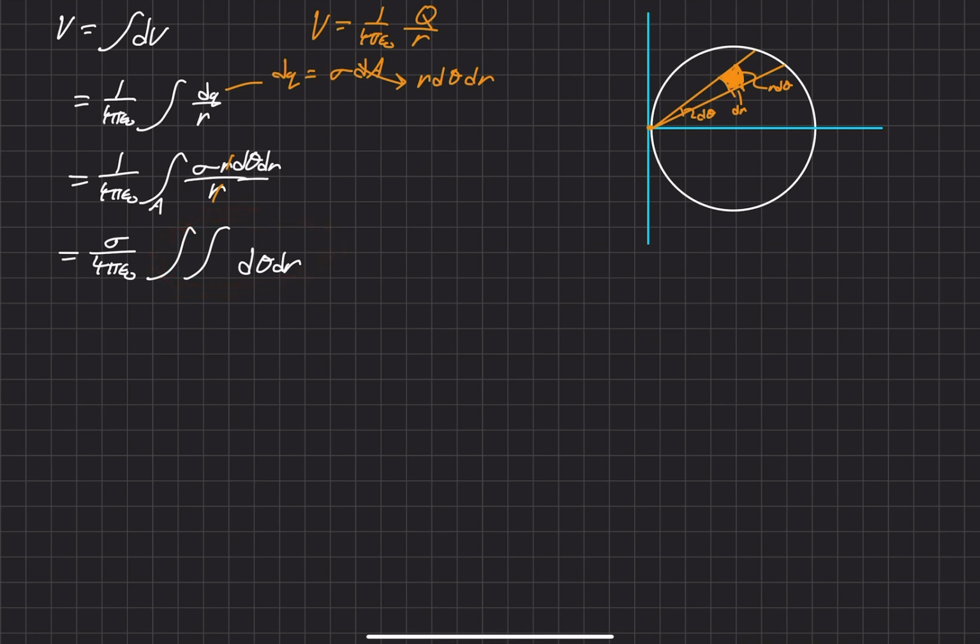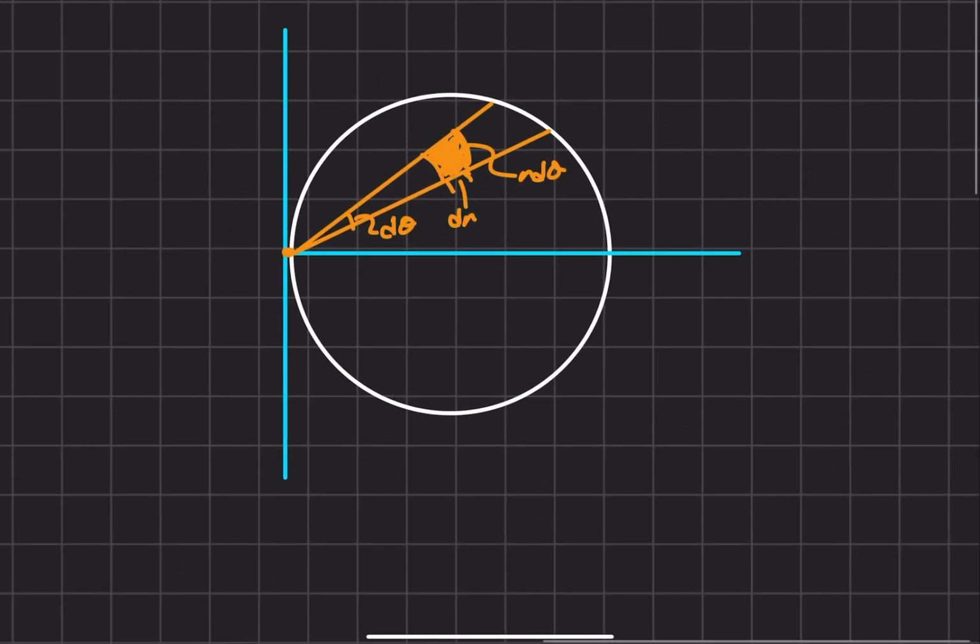The only thing we have to figure out is what the limits of integration are. If we zoom back over here, we're using polar coordinates where z is equal to 0, so it's just a flat disk. We want to integrate over all the space to capture everything. We'll call the angle from this axis to wherever we're evaluating that infinitesimally small point theta, and we want to integrate over this whole surface.